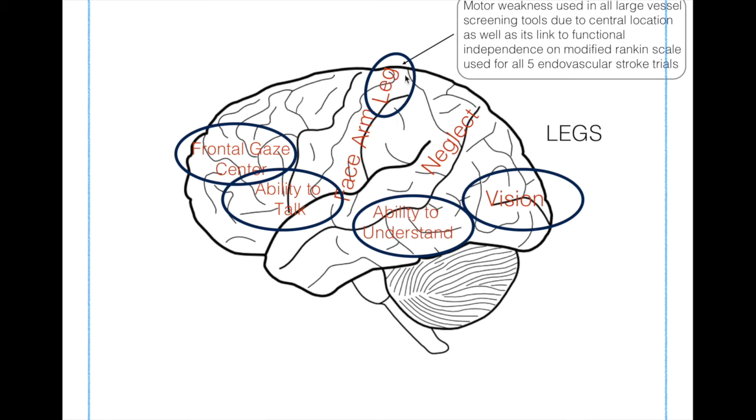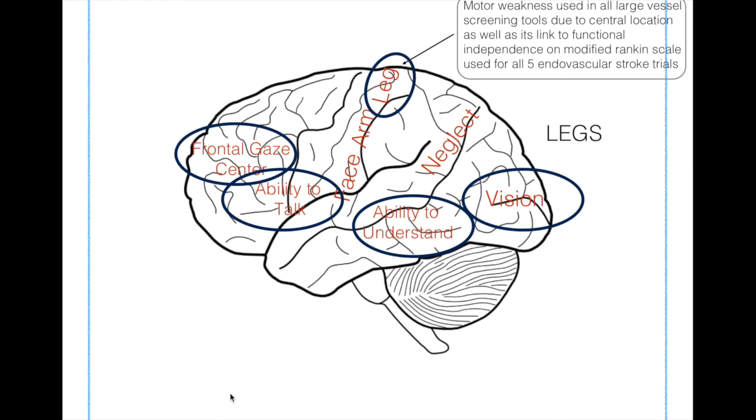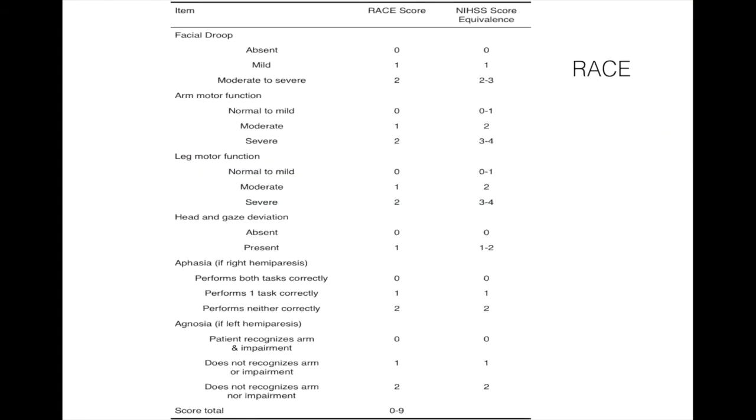So using the leg only without the face and arm, it's so distal, not always the best, but again, you have to calculate numbers, right? And again, it has a pretty good ability, its sensitivity 69%, positive predictive value about 60, which is better than the positive predictive value of RACE, which was only 42%.